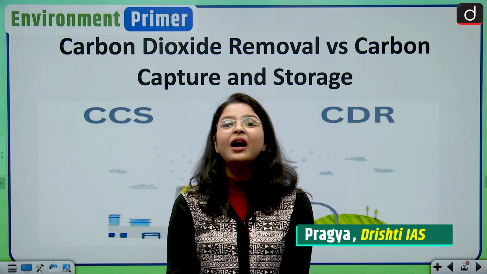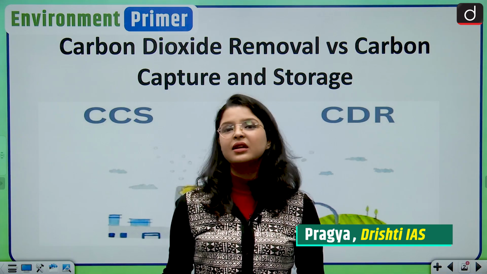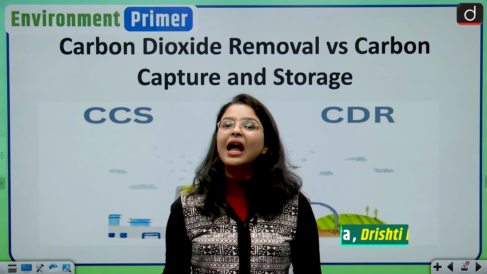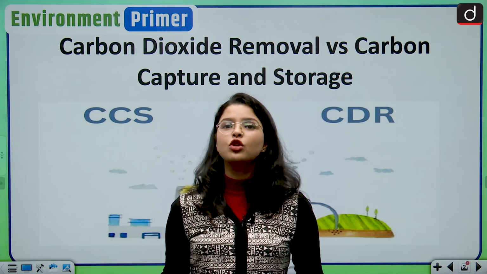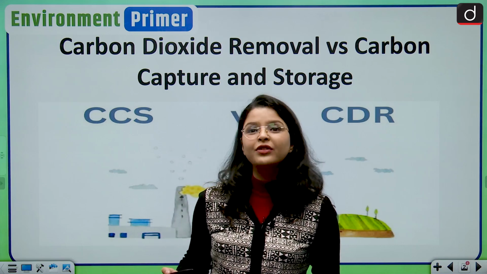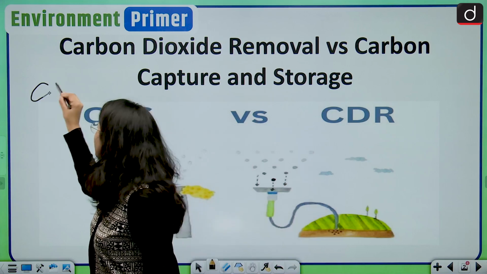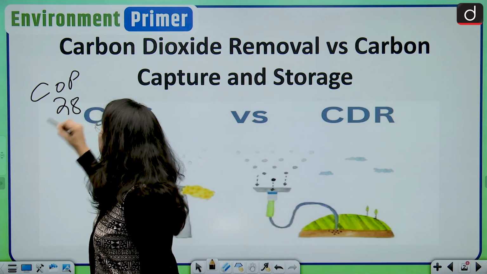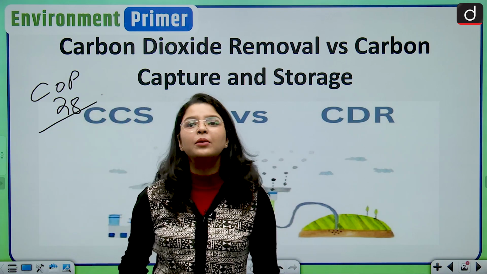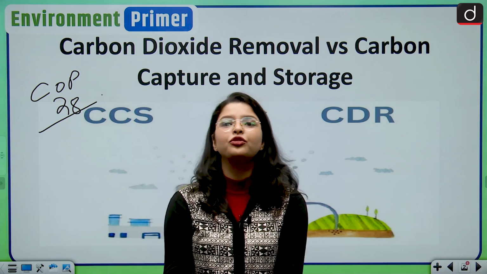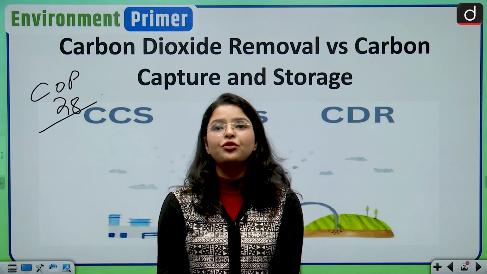My name is Pragya, and as I have been discussing in the Environment Primer series and as has been discussed in the news also, the biggest climate conference this year was COP28. COP28 has ended, and the major discussion in this climate change conference was the unabated use of fossil fuels.